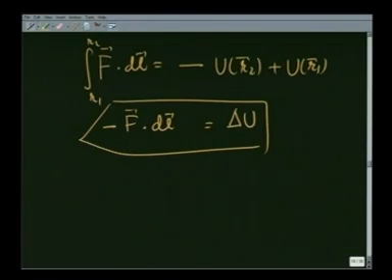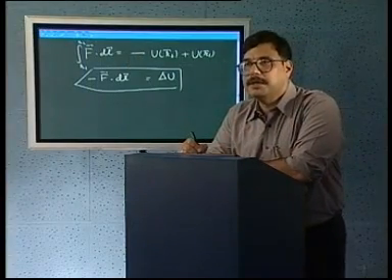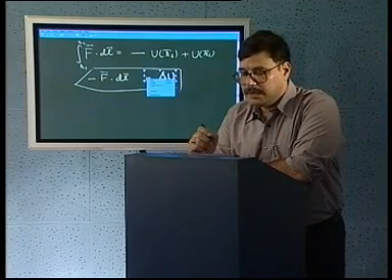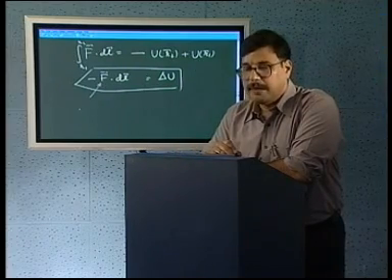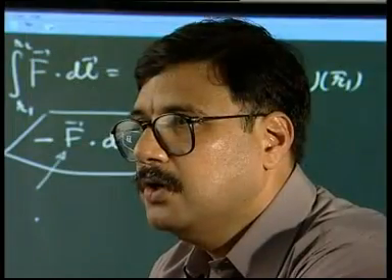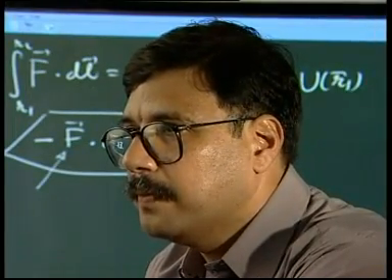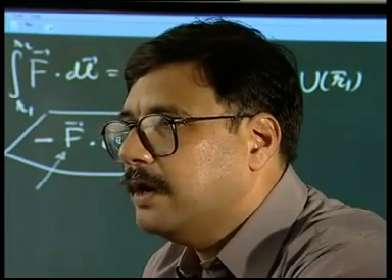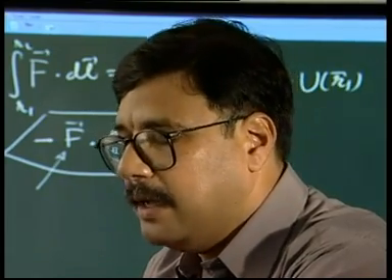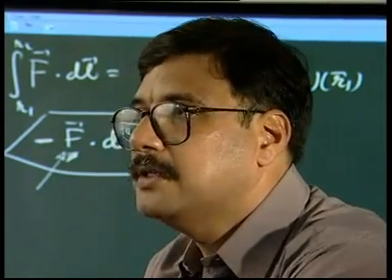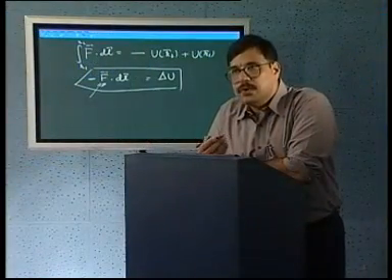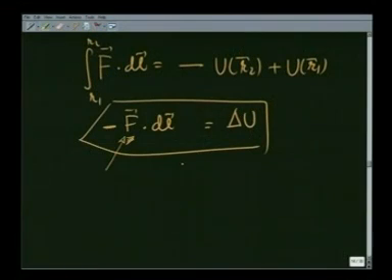The way then I interpret this is that the change in potential energy is the work done if I move a particle by applying a force opposite to the force field in which it is moving. For example, if I were to move it in a gravitational field, I will keep it in balance by applying a force opposite to the gravitational field. That is what this negative sign indicates, and the work I do, not the force field, but the work I do in moving the particle is equal to the change in the potential energy. That is the interpretation of potential energy.